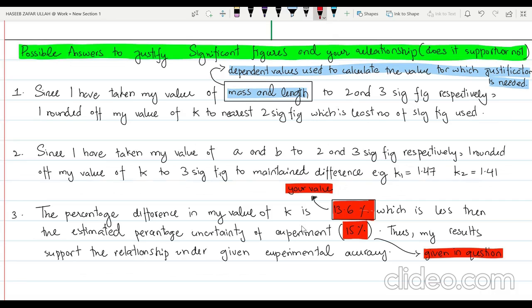The other valid point that can be made is, since I have taken my values of A and B to 2 and 3 significant figures respectively, I rounded off my value of K to 3 significant figures to maintain and preserve the difference.